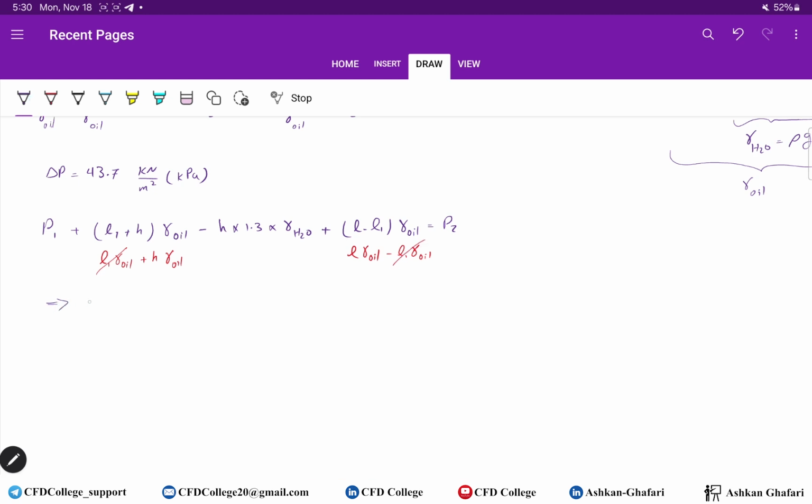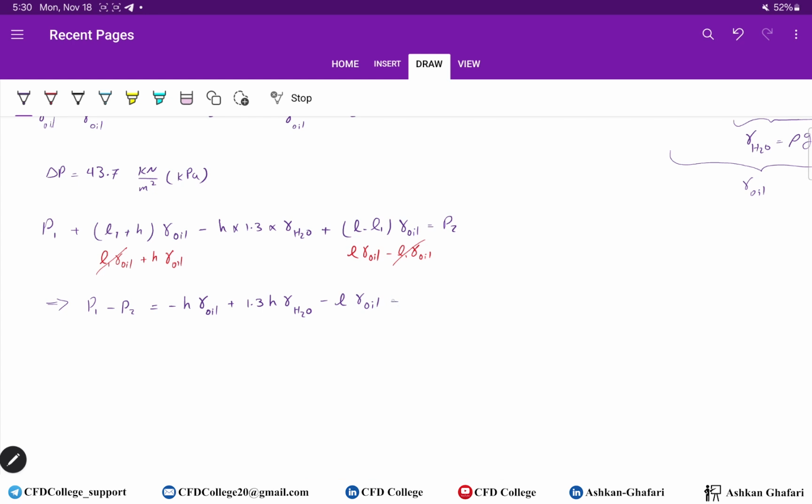So P1 minus P2 equals, okay, we should write down all of them: minus H times gamma of oil plus 1.3 H gamma of water minus L times gamma of oil.